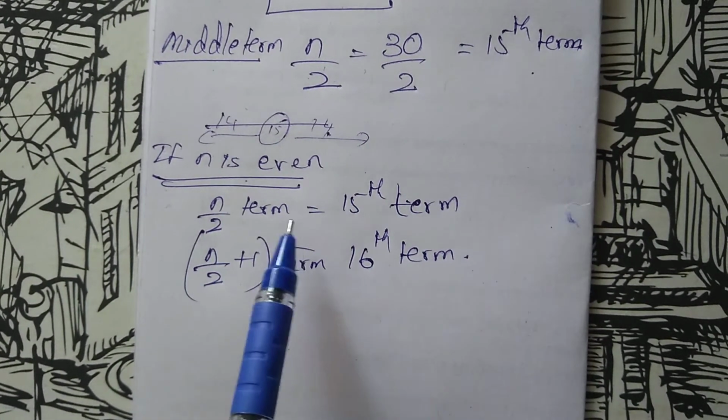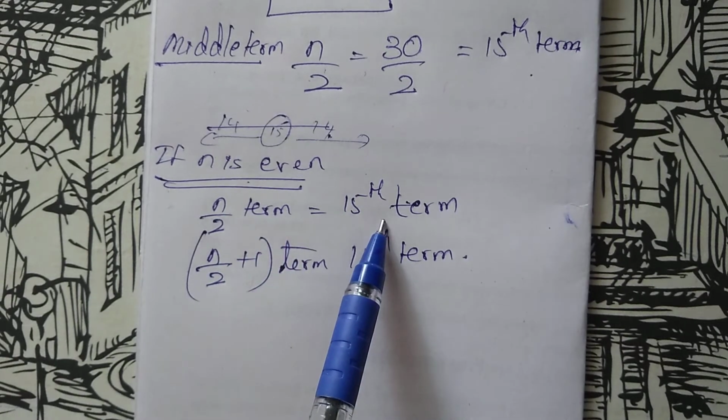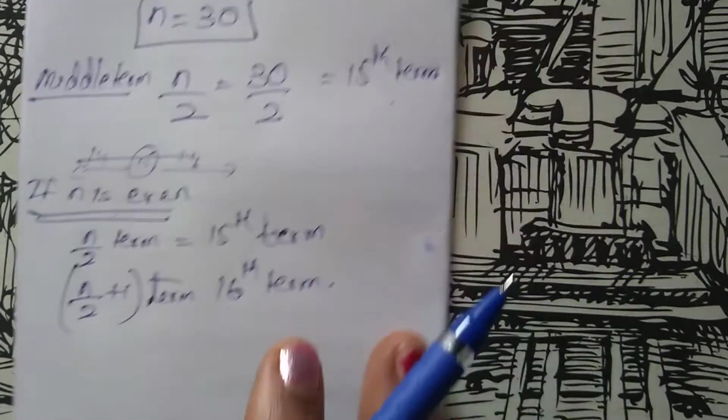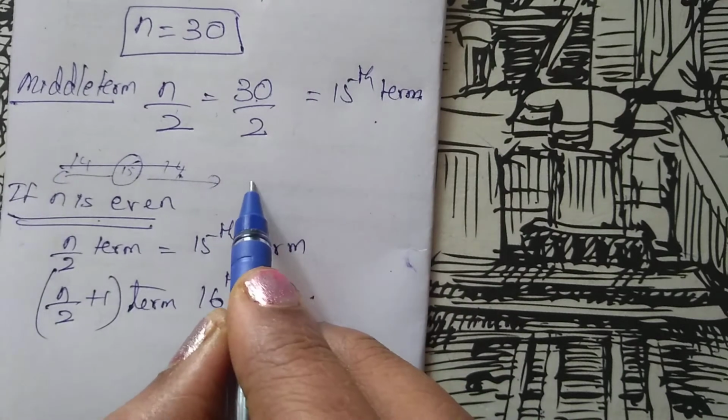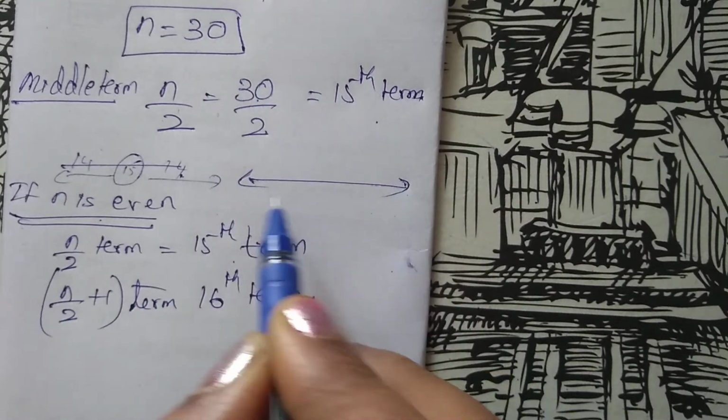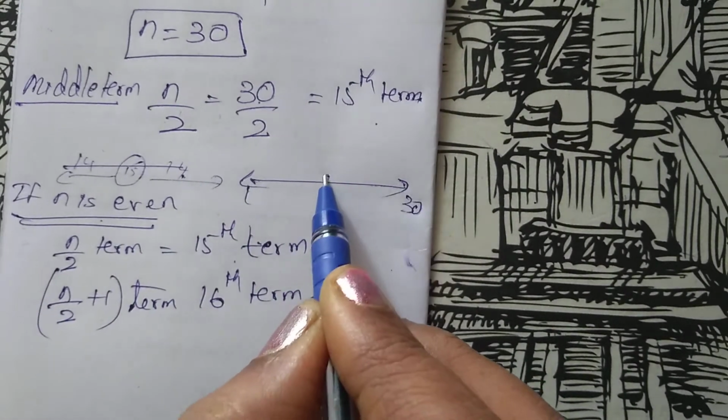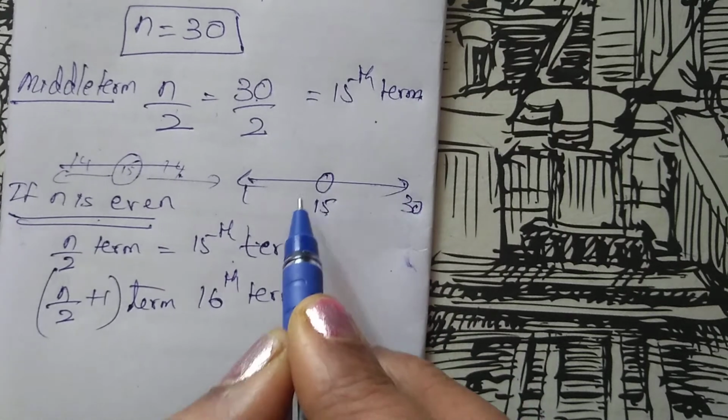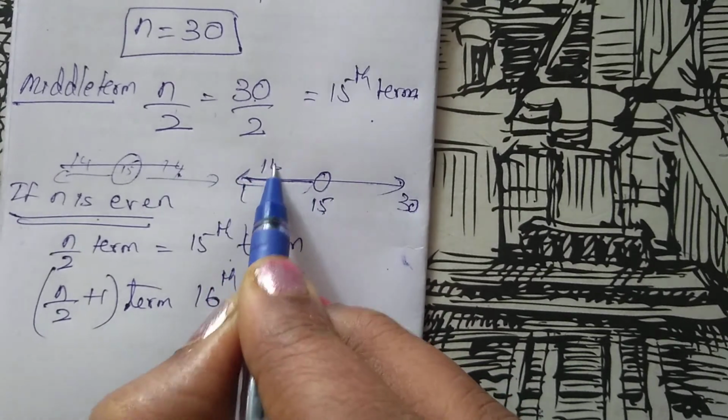Okay, when n is even, we can find it like this. Because I told you, when you have a sequence of 30 terms, when you have 30 numbers 1 to 30, if I consider the 15th term as the middle term, you can see here 14 terms before.